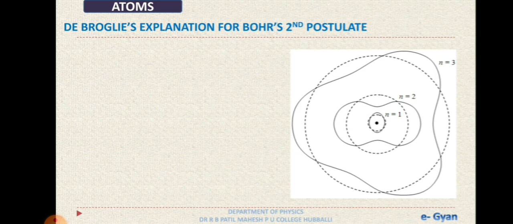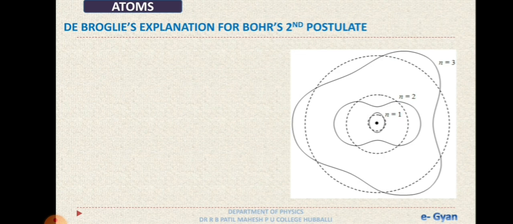Now, here we have a diagram in which we have n is equal to 1, n is equal to 2, n is equal to 3 and so on. When n is equal to 1, the circular loop resembles the first circular orbit of an electron. If it is plucked and a disturbance is created, then it can have one wave, one crest and one trough.